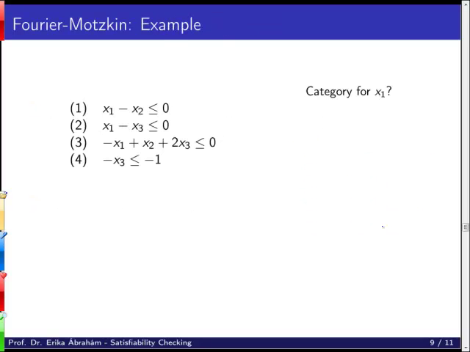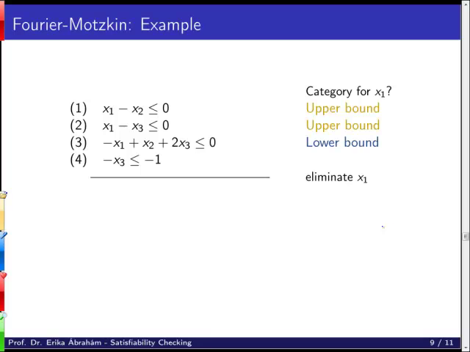So again, in our example, we had already that this equation defines a lower bound on x1, this one an upper bound, and this one none. So if we want to eliminate x1, what do we do? Which constraints do I have to add?